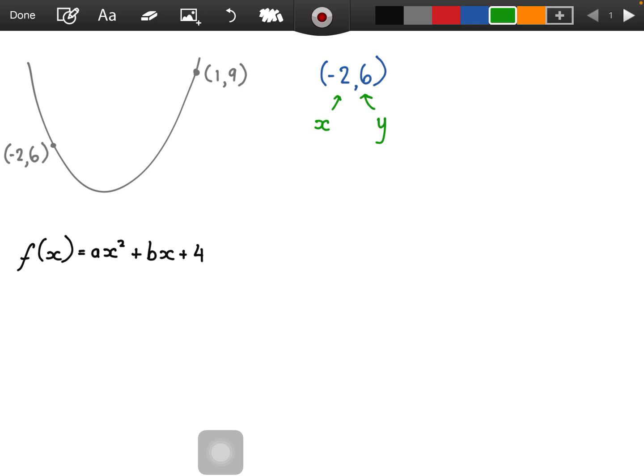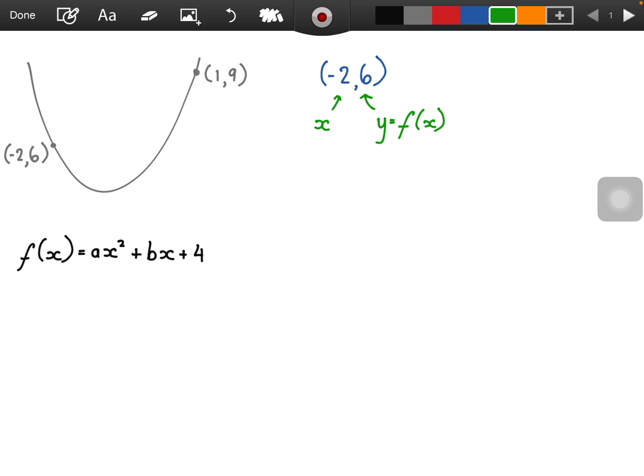And remember y we can call f of x. So for this x input, I'm going to have an f of x output of this. That's really nice. If I just start by filling that stuff in, that is going to get me at least somewhere so that I can start understanding what I can actually show here.